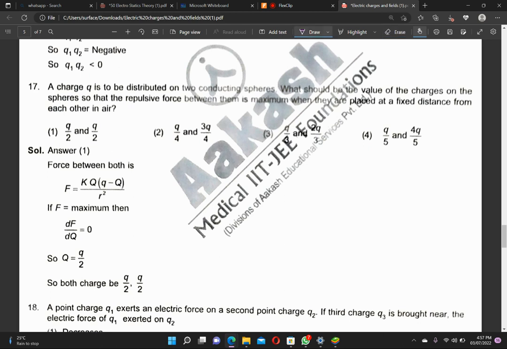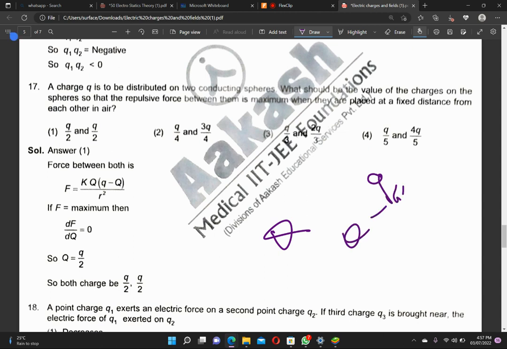A charge q is to be distributed on two conducting spheres. What should be the value of the charges on the spheres so that the repulsive force between them is maximum when they are placed at a fixed distance from each other in air? So it's very easy. If one is q, the other should be Q minus q.